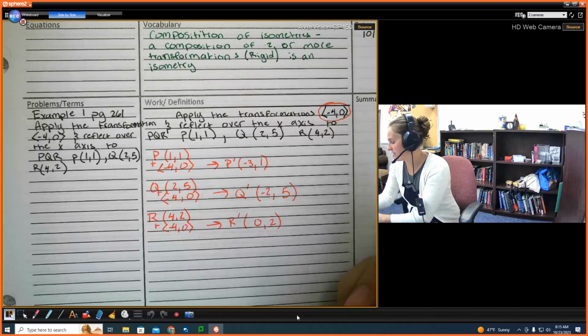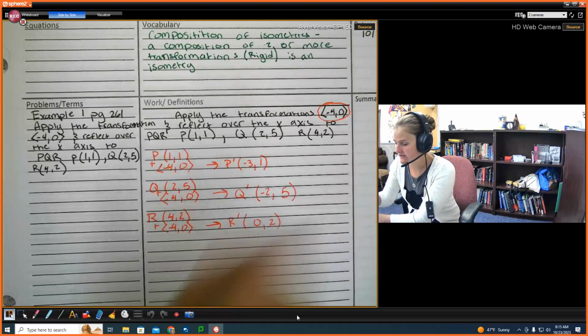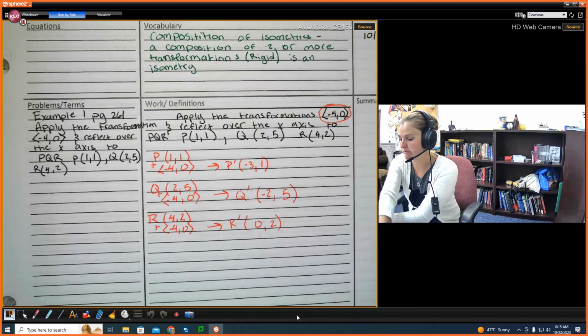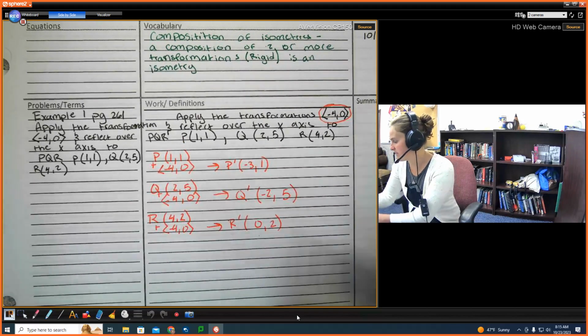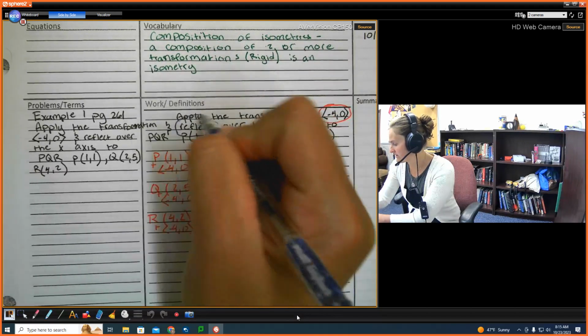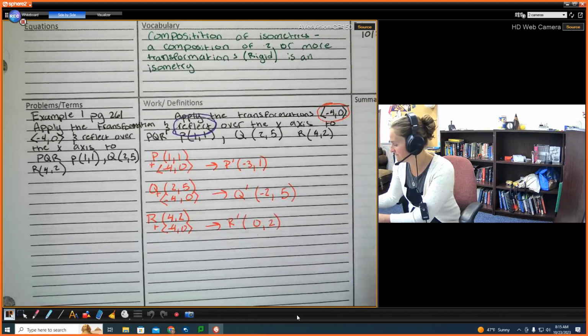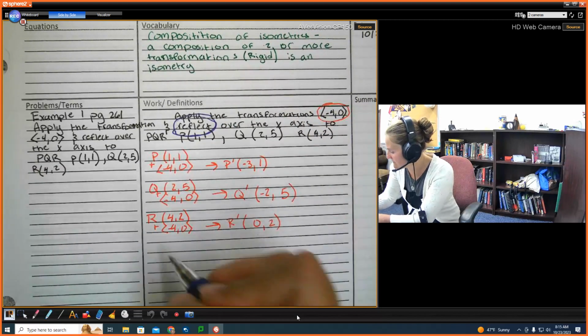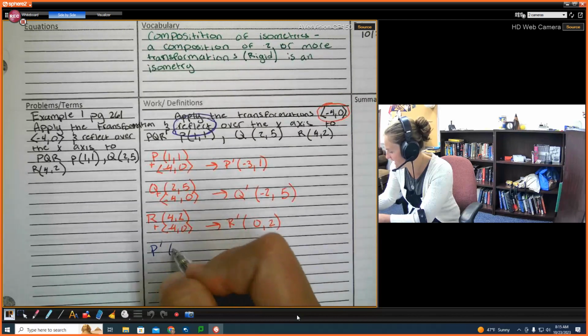Okay, so now that we've done the first transformation, we need to do the second transformation. So I'm actually going to switch colors and do it in blue to show that there's a second step here. So now we're going to reflect, okay? So we're taking P prime and we're reflecting it over the x-axis.